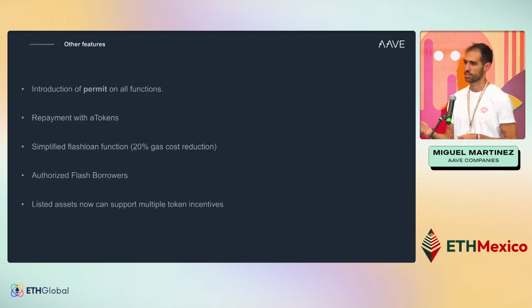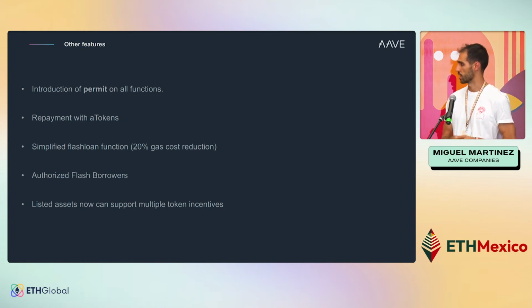We could have secondary markets around the A tokens. So if some entity locks the underlying tokens that the pool is holding nowadays, it's not going to be an issue anymore. There is also a simplified flash loan function. This comes with a 20% gas reduction, pretty useful in case you want to take a flash loan of only one single asset.